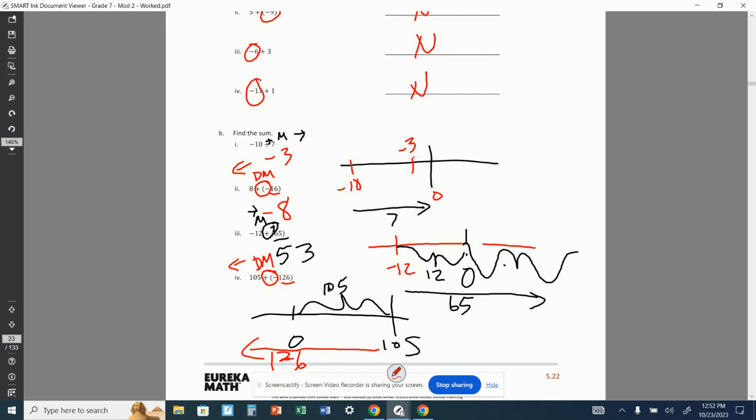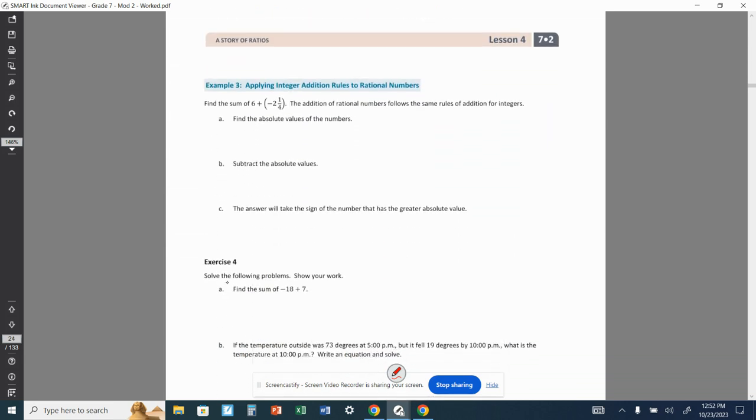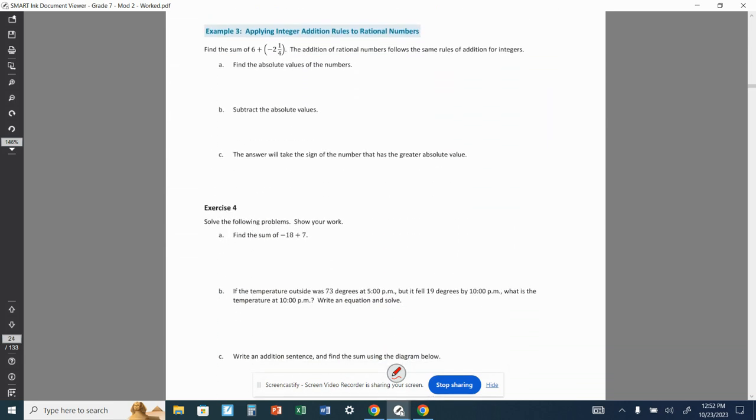And then we still have some left over after 126. The difference of 126 and 105 is 21. So this should be negative 21 here. And finding some of these things, again, we're looking for don't match, right? So we know we're moving to the left, and we can find the difference values of that.